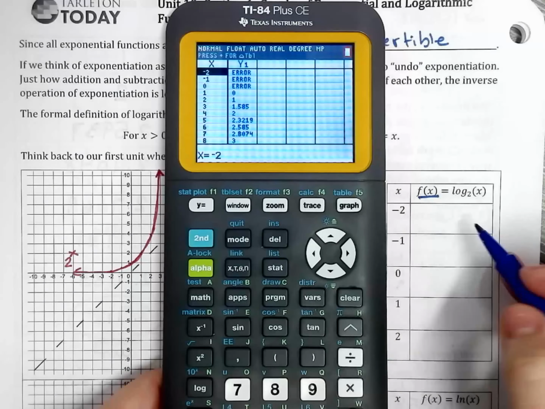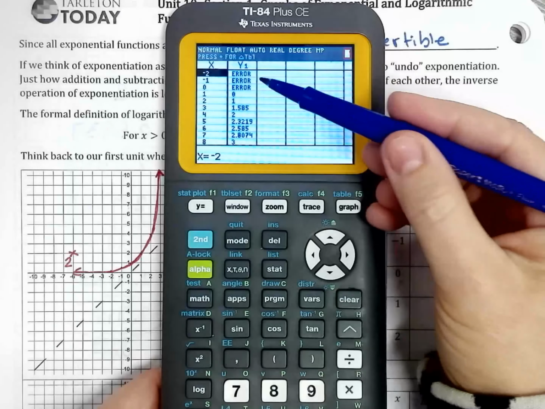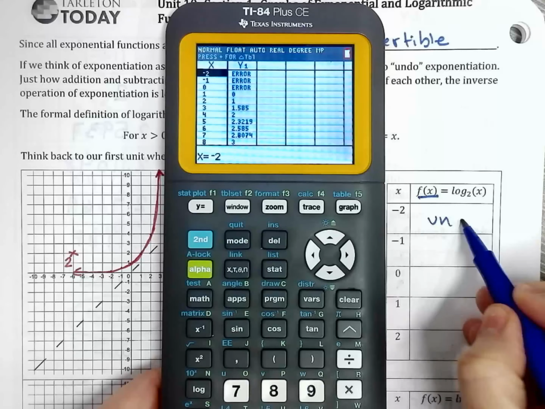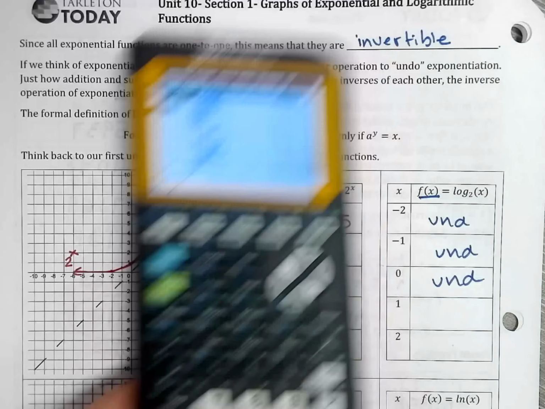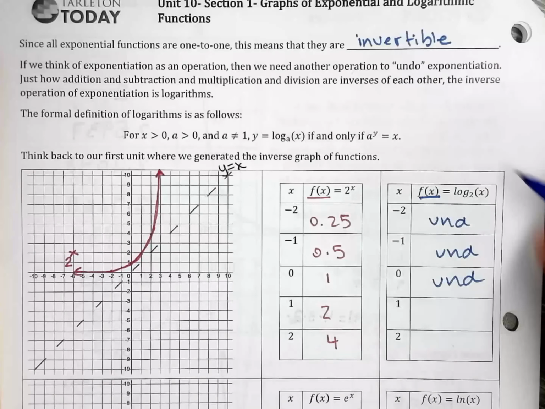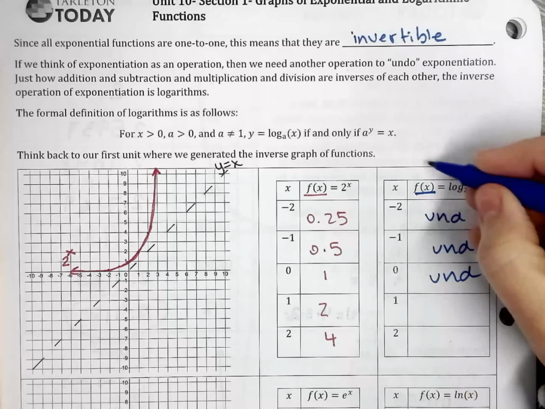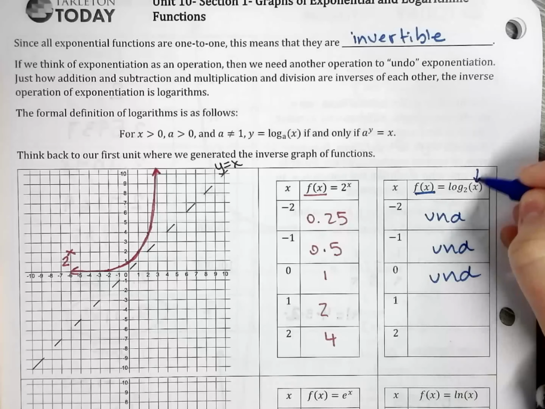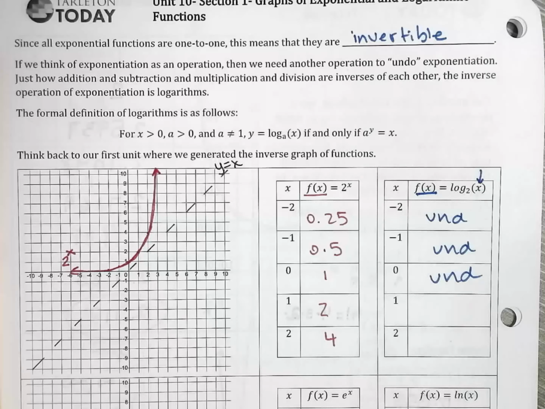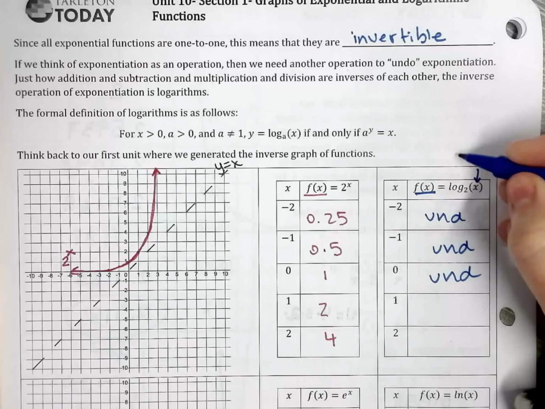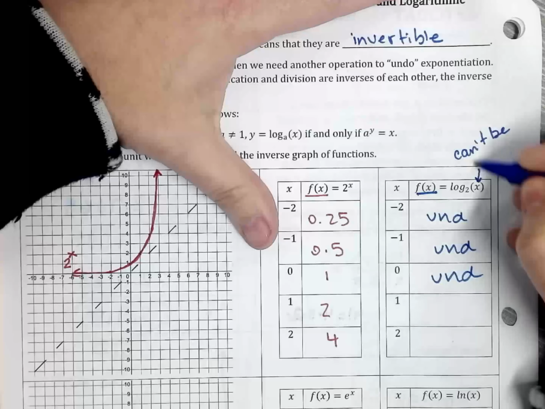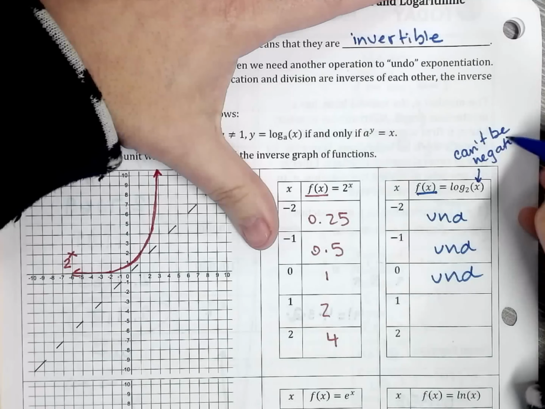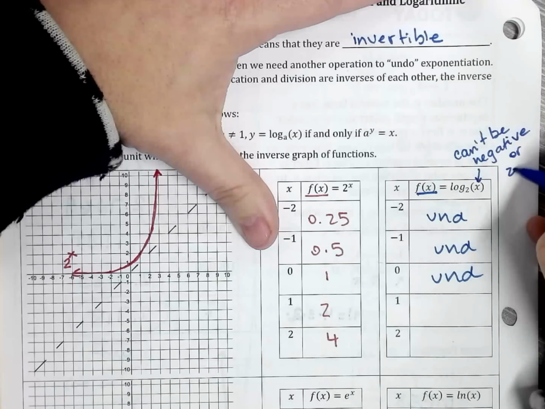So we're there. -2, -1, and 0 are undefined. The reason for that, I'm going to talk about later in this lesson: the argument, or that value right there, cannot be negative or 0.